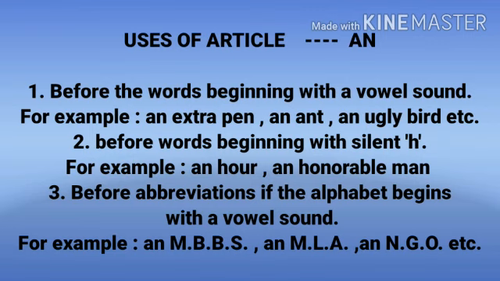MBBS, the first letter is M and it starts with the sound A. NGO, the word starts with N, pronounced en. So they contain the vowel sound and they will have the article an just before them.